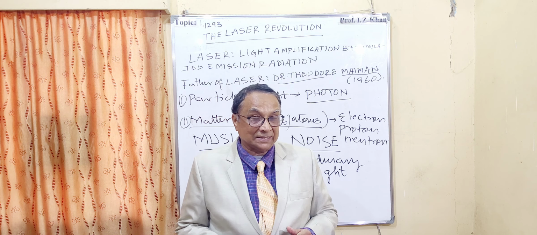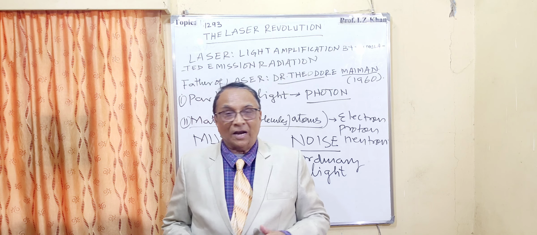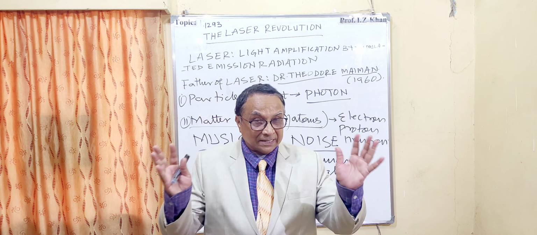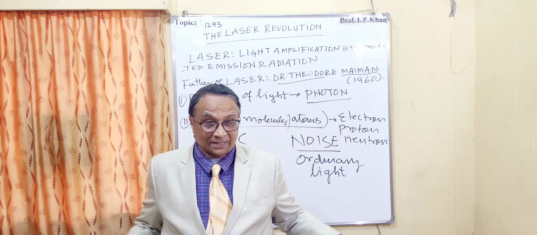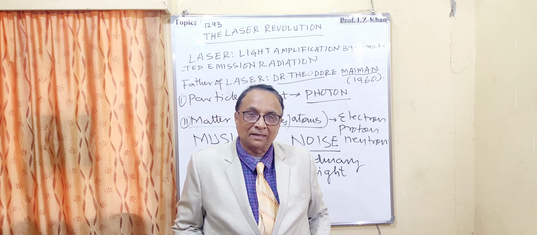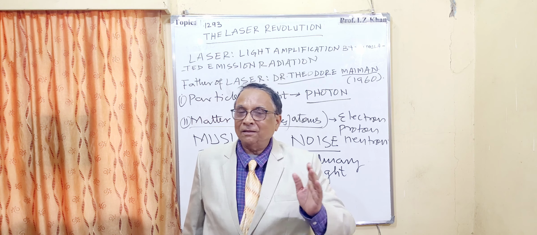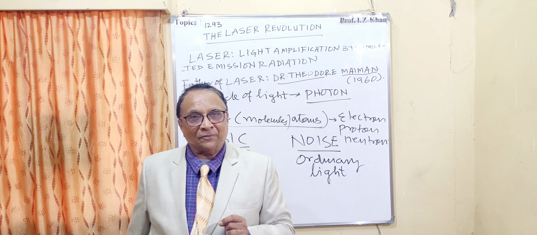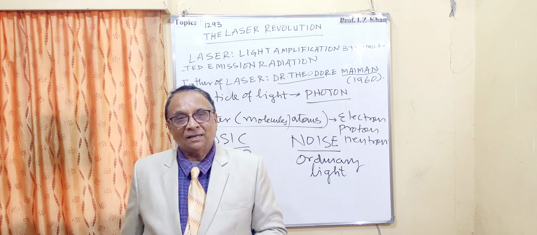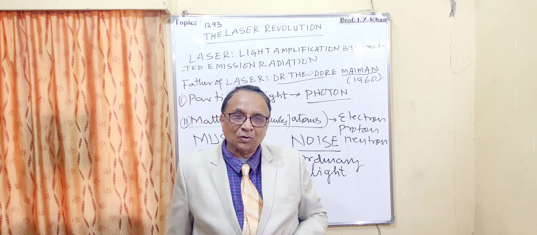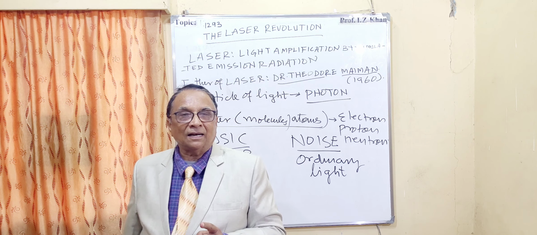And the reality is this: our rainbow from the sun, with different colors, is in the form of sunlight, just like noise, scattered on every side. That ordinary light, once it is concentrated to a very specific wavelength and frequency, where it can be ultraviolet, infrared, and visible light, all together in one specific direction, is then called laser.